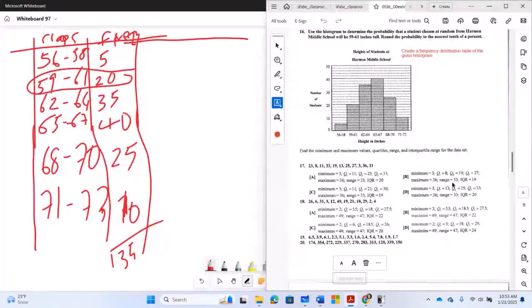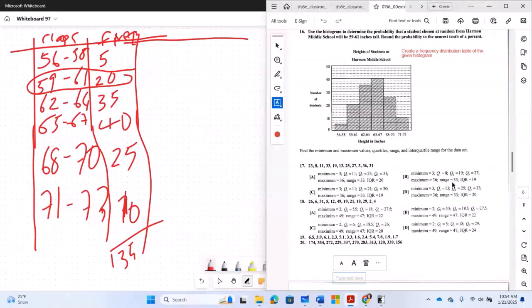Okay, so today, in summary, we talked about grouped data. We were given raw data, and we grouped it into a frequency distribution table. From there, we calculated the relative frequency, which is frequency of class over total.